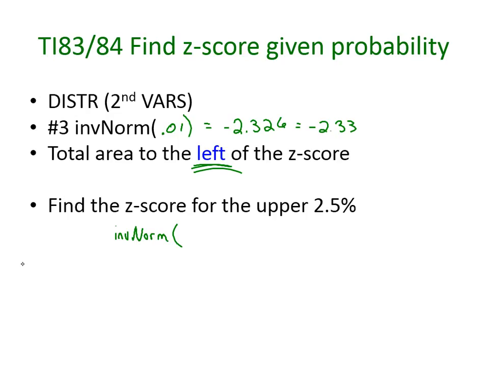We're doing inverse norm. It is the area to the left, 0.975, because the area to the right, and again, this is where I want you guys to just draw yourselves a quick little picture. I'm saying I want the top 2.5%, which means 1 minus the top 2.5%, so the 0.975 is the amount that I want inside here. And you should be getting 1.96 or something very close to it.